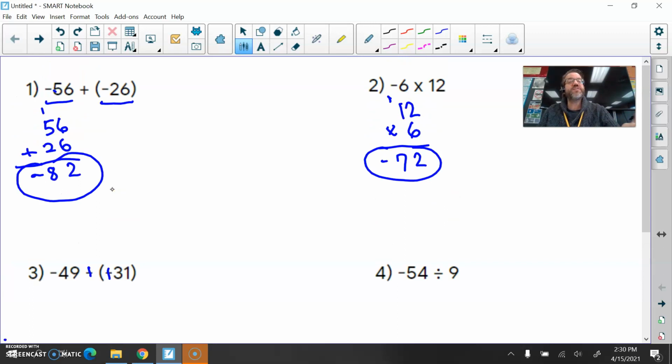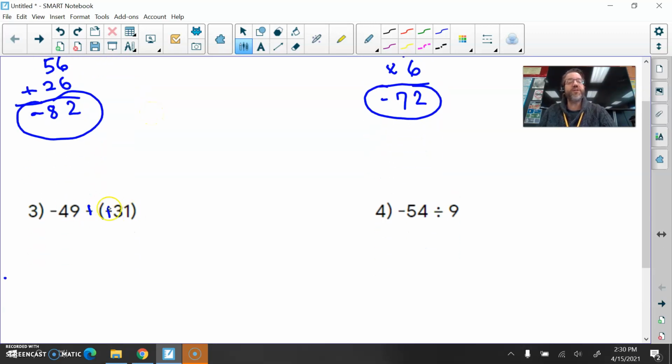Now, if the signs are the same, you look for the sum like you did in number 1. But if the signs are different, then you look for the difference. What will happen is these 31 positives are going to make a zero pair with 31 of the negatives, but we're still going to have some negatives left over. We have more negatives than positives, so we'll have a negative result when we're done.